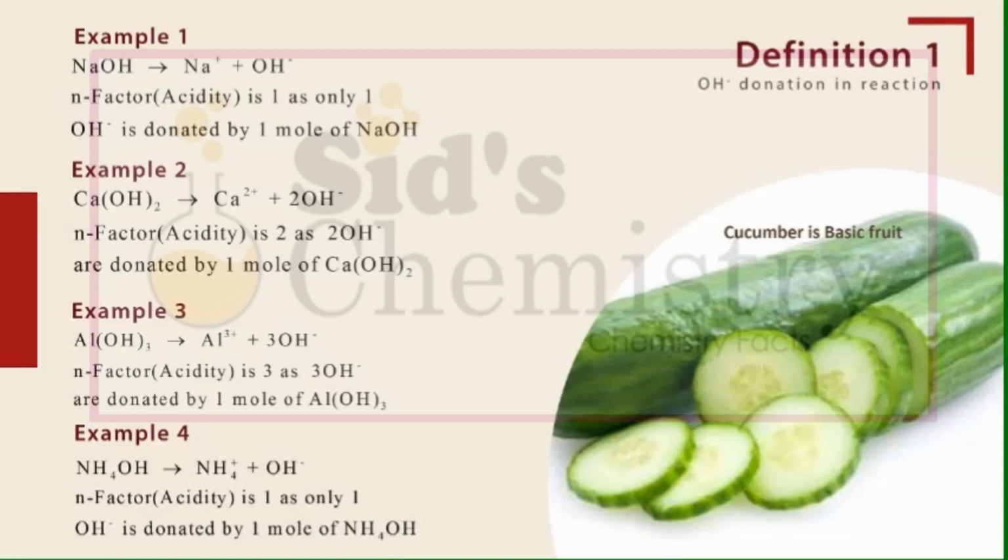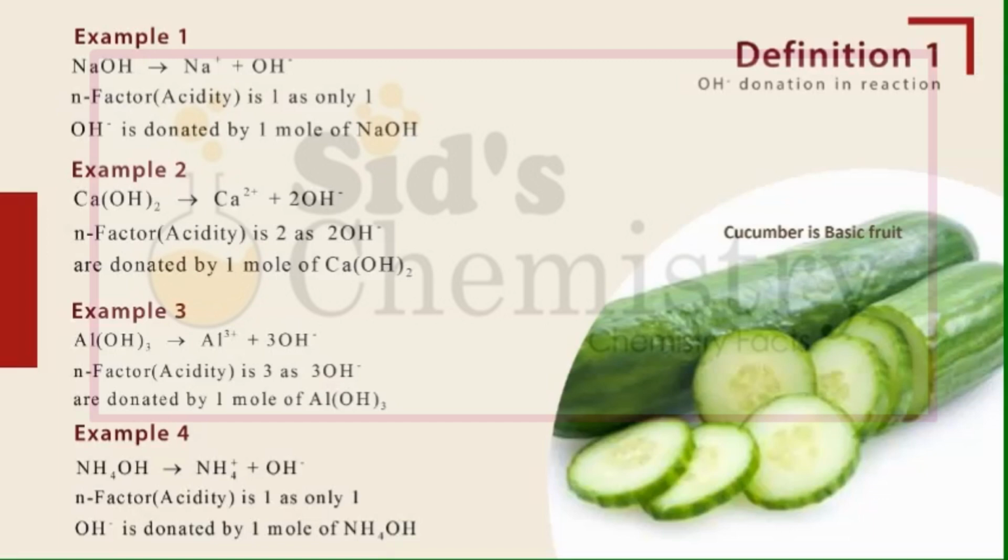Example number 2. Calcium hydroxide gives calcium ion and 2 OH minus ions. The n factor or acidity is 2 as 2 OH minus ions are donated by 1 mole of calcium hydroxide. Example number 3. Aluminium hydroxide gets converted to aluminium 3 plus ion and 3 OH minus ions.